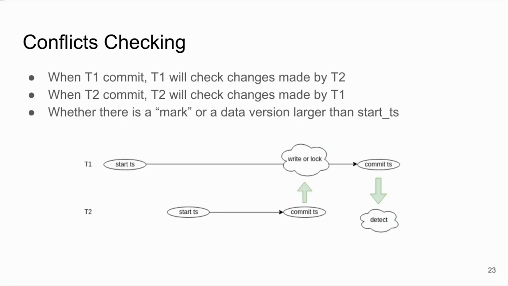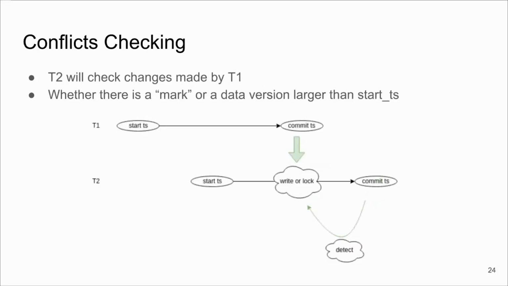This means there will be a mark indicating that this ongoing transaction is modifying this data point. Or the other transaction committed, and then you will see a committed version larger than the starting timestamp, so you will abort. All this checking is only valid if you have a notion of global ordering of time. So this is basically how snapshot isolation works, or how multi-version concurrency control works.